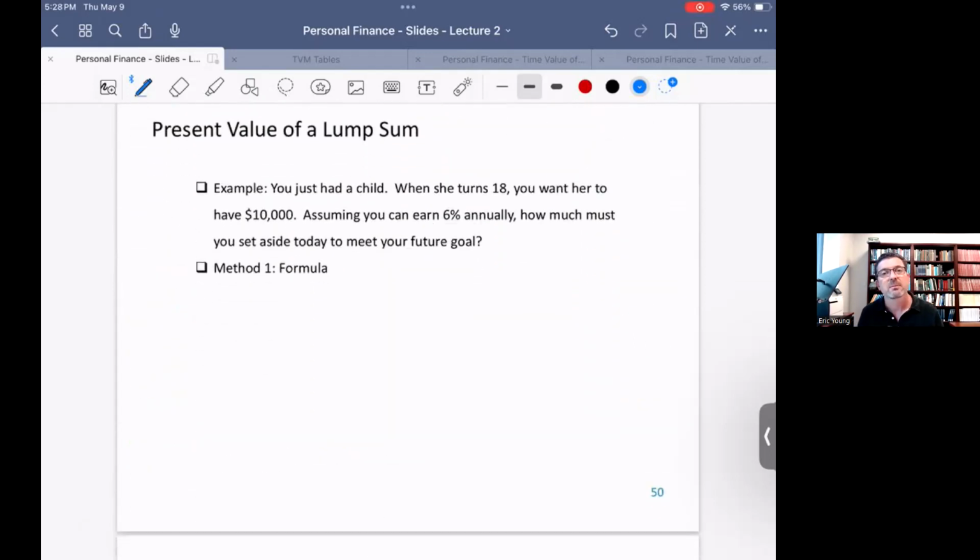Well, 3 ways. Let's go formula first. On the formula, the present value is equal, since this is really the flip side of the future value, we're just inverting the formula. So the present value is equal to the future value divided by 1 plus the interest rate to the exponent. Okay.